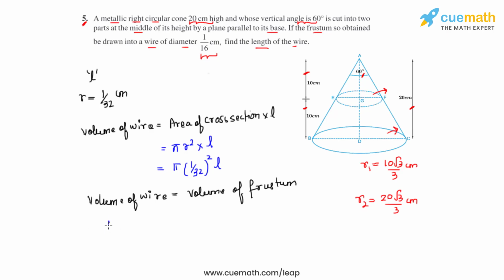So we write pi L divided by 32 times 32 equal to 22,000 pi divided by 9. From this calculation and rearranging the terms, we get the length of the wire to be equal to 796,444.44 centimeters. If we convert that into meters, we get the answer as 7,964.44 meters. And this is how we solve this question.